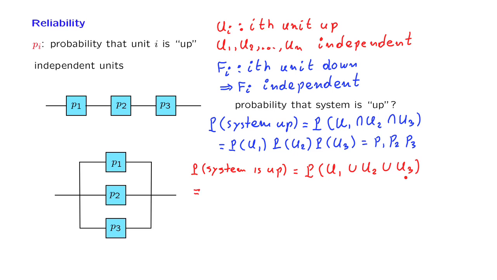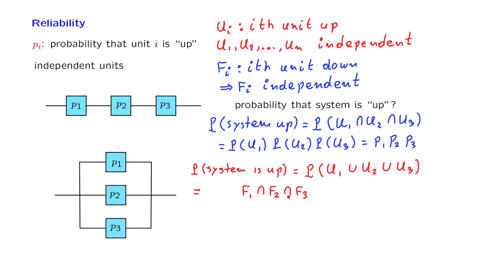We cannot use independence readily because independence refers to probabilities of intersection of events, whereas here we have a union. How do we turn a union into an intersection? This is what De Morgan's laws allow us to do, and it involves taking complements. Instead of using De Morgan's laws formally, let's just argue directly. Let us look at this event, that unit 1 fails, and unit 2 fails, and unit 3 fails.